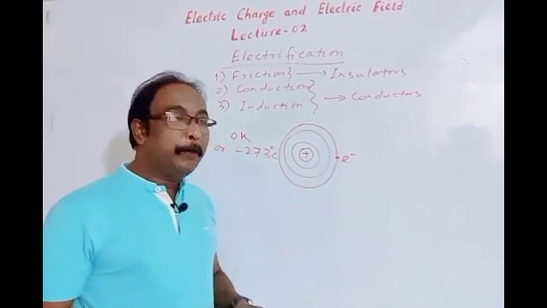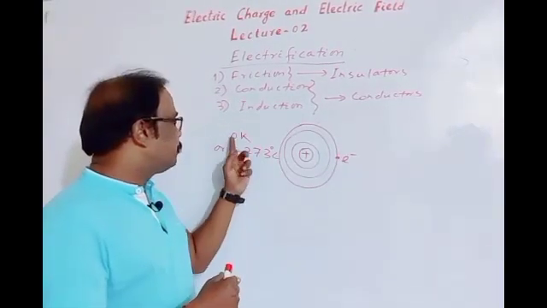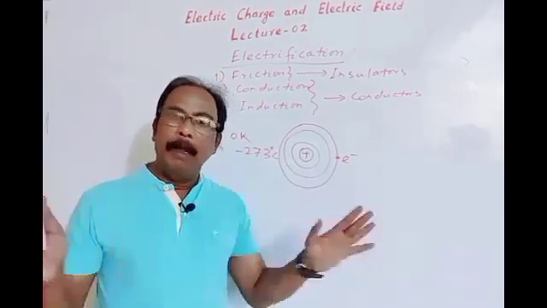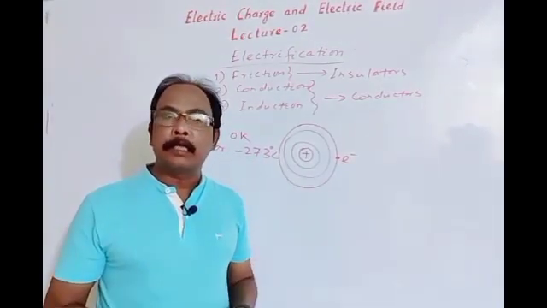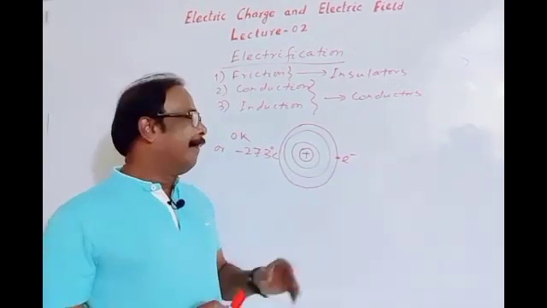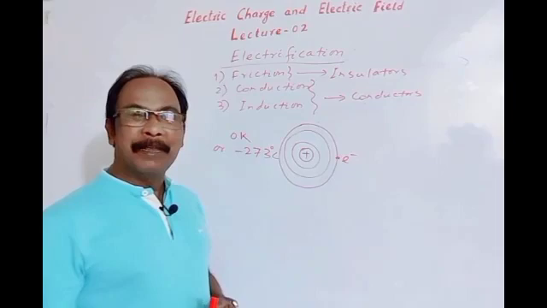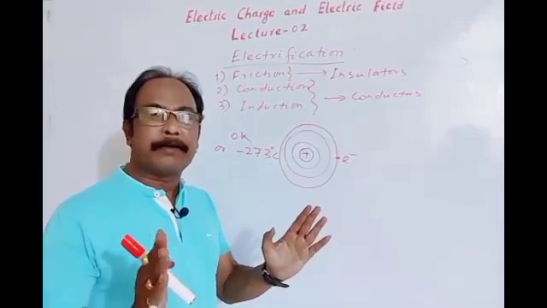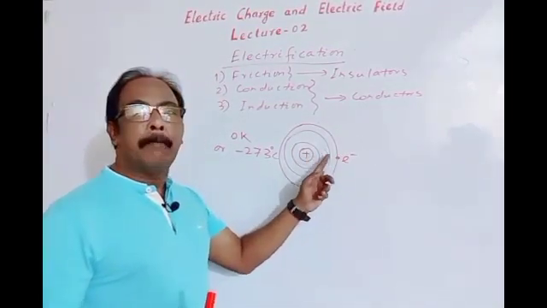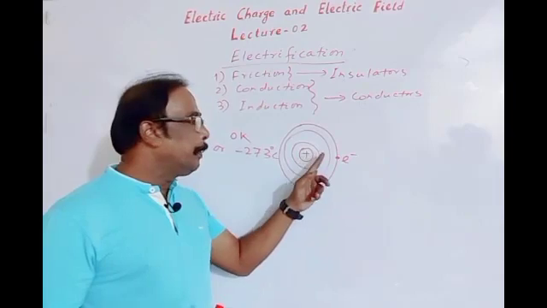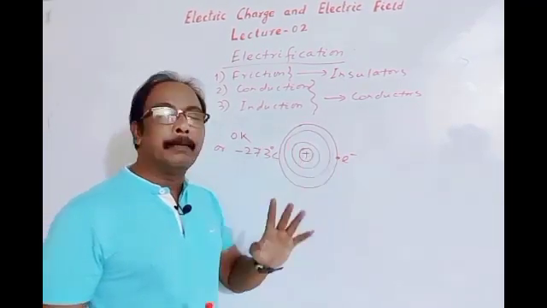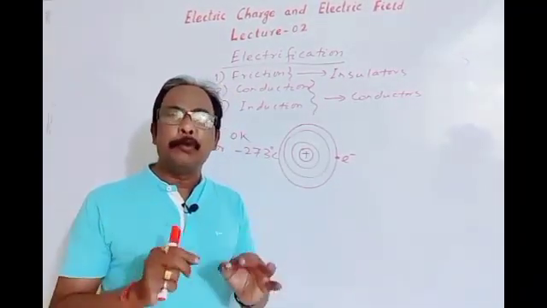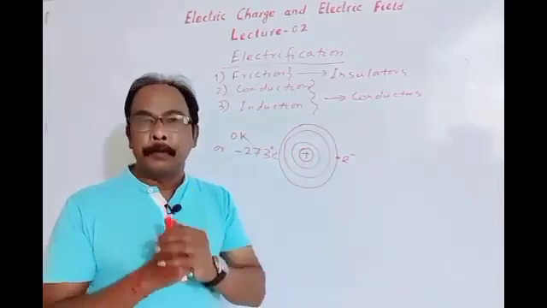Usually we think that when temperature becomes 0 Kelvin, electrons become motionless, but this is conceptually wrong. According to analysis or experiment, even at 0 Kelvin, temperature doesn't affect the electrostatic force of attraction between the positively charged nucleus and the negatively charged electron. So even at 0 Kelvin, electrons whiz around the nucleus.